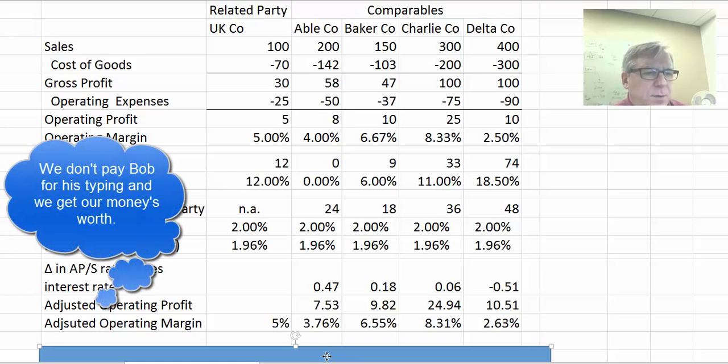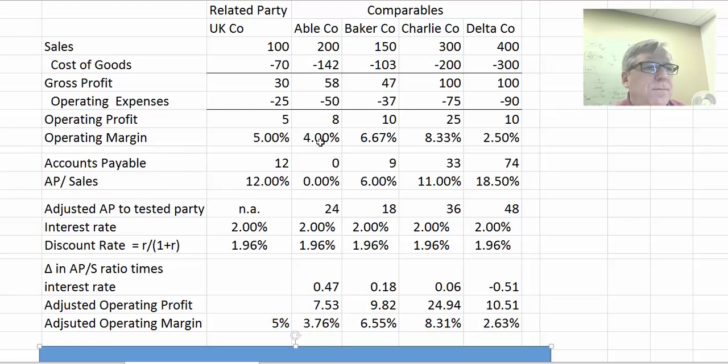So as you can see here, if we look at some of these firms, again, no adjustment to the tested party. The operating margin for Able Company has gone from what it was before the adjustment at 4% operating margin to now it is only 3.76%. And that's essentially making the following change.